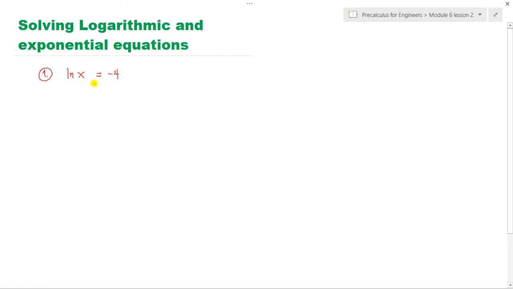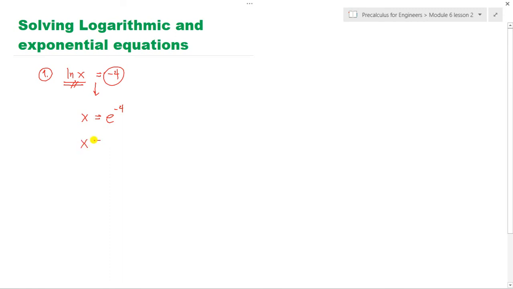In exponential form, we are going to write the resulting number, that is x, is equal to the base. For the natural logarithm, the base is e, raised to the answer, which indicates the exponent, that is e raised to -4.